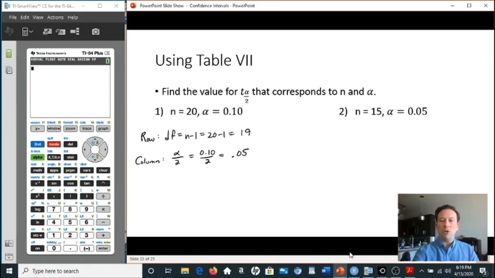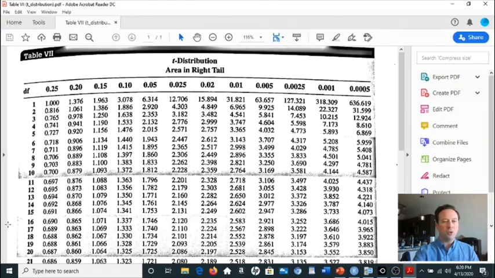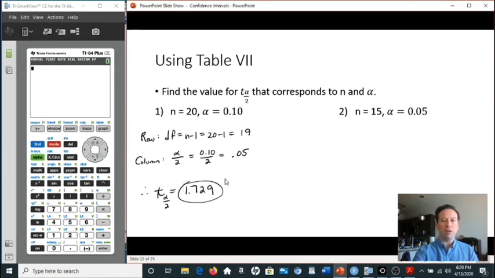Now I would go to the 19th row and the column with 0.05 at the top. Here's the 19th row, and 0.05 is up here. If I can find the right spot, looks like 1.729 would be the value. There you go. So you would say t sub alpha over 2 is 1.729.